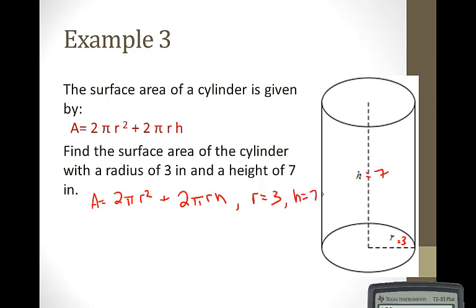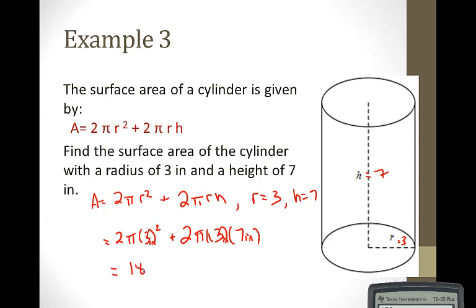So I think I'm given everything. We have a formula, find the area if I know the radius and I know its height. So plug in the radius, 2 pi times 3 squared plus 2 pi times 3 times 7. And I need to be putting my little inches in here. And so 3 squared is 9, and then 9 times 2 is 18.